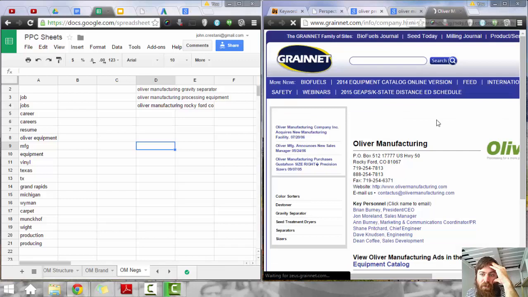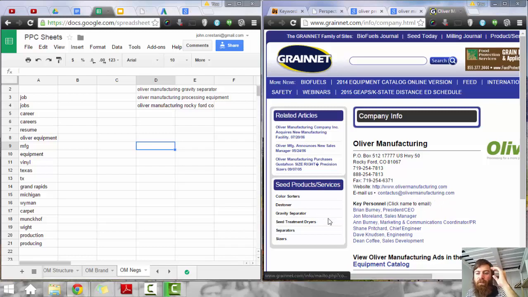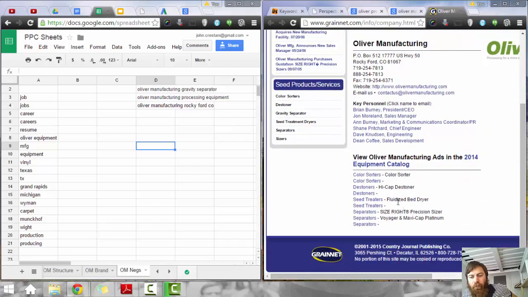Grain Net, Oliver Manufacturing. So we're seeing it's the same website, olivermanufacturing.com, but maybe they used to be based in Rocky Ford, Colorado.